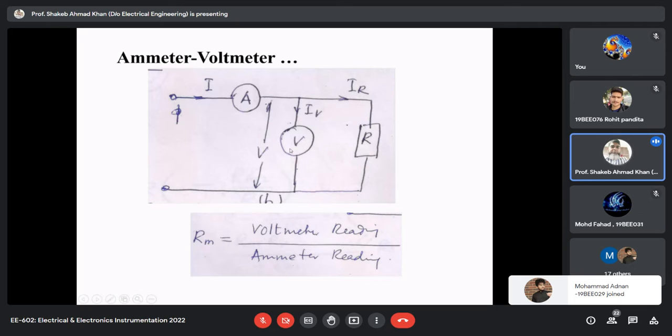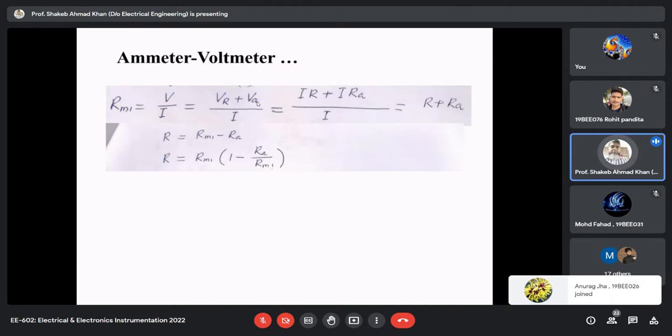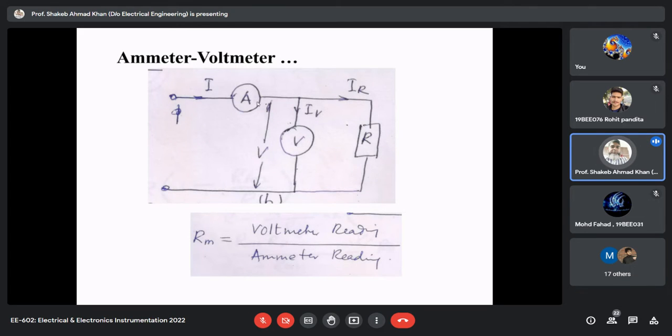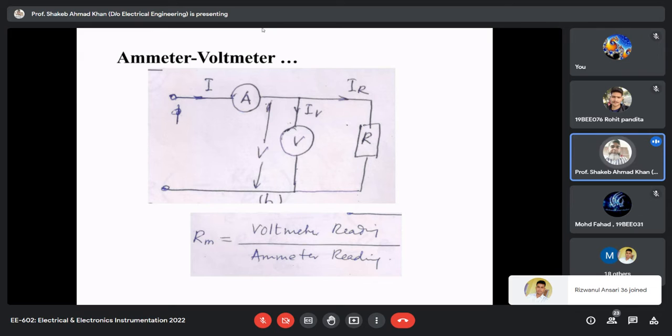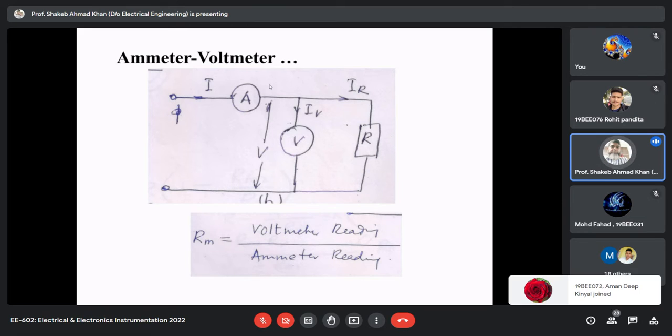Here we are putting the voltmeter across the resistance and the ammeter before that. So whatever issue the earlier circuit had is not present here, but it has another issue. Now the ammeter reading has a problem. As I told you at the start, this method will give a good accurate result only if the voltmeter gives the voltage across the resistance, and the ammeter gives the current through the unknown resistance.